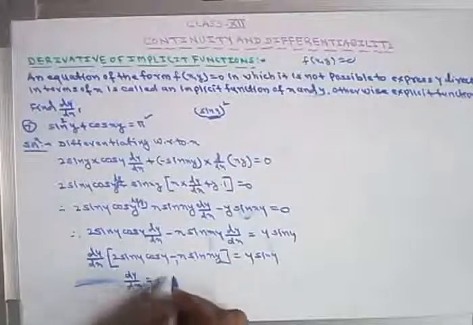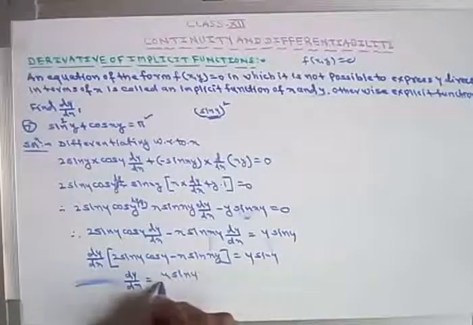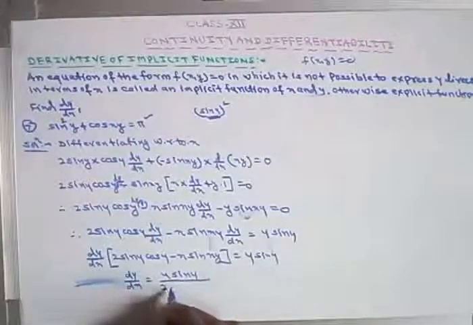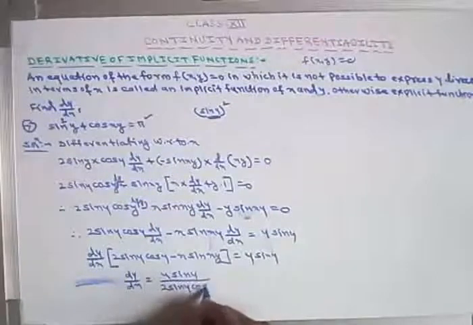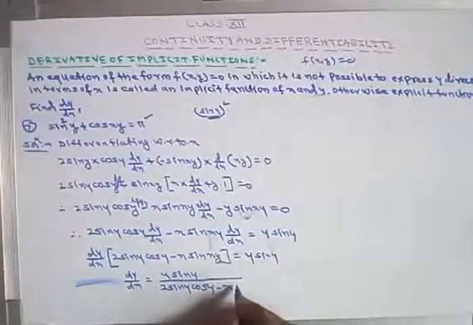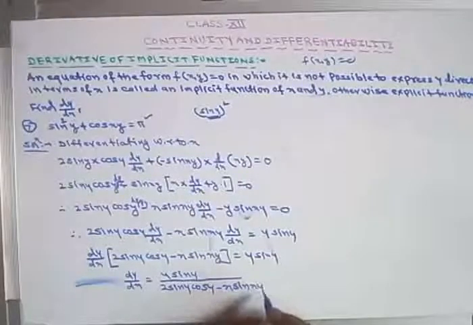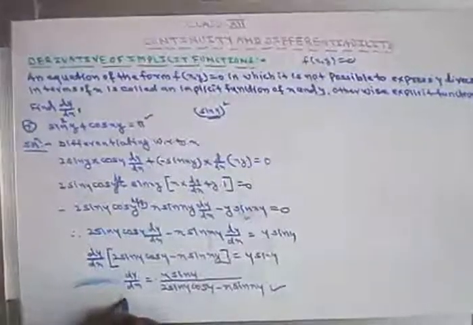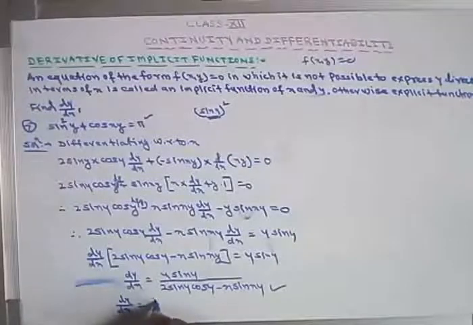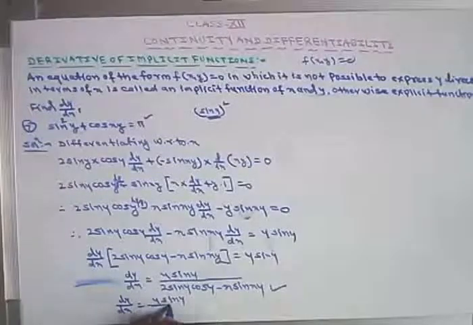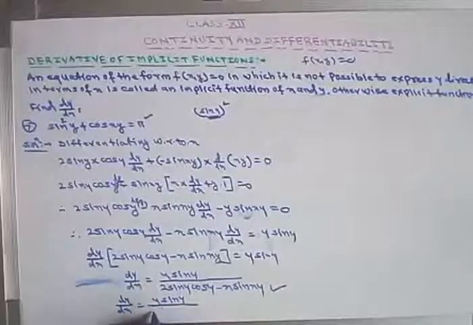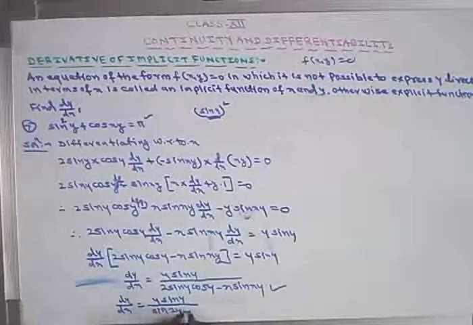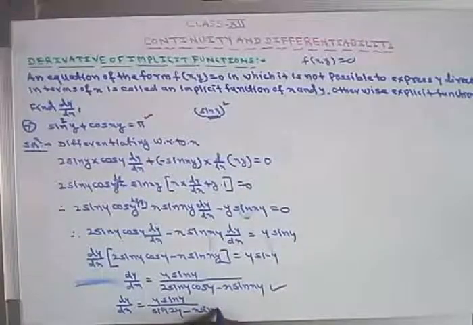So dy by dx equal to y sin y upon twice sin y cos y minus x sin x into y. So twice sin y cos y means sin 2y, so dy by dx equal to y sin y upon sin 2y minus x sin x into y. So this is the derivative.